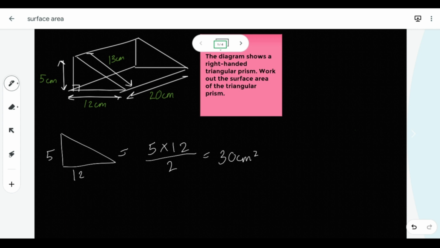Now, to work out the area of this plane, we do 13 times by 20, which gives us 260 centimeters squared.